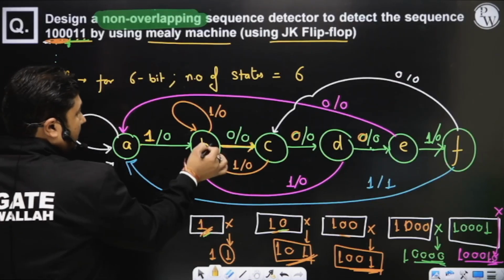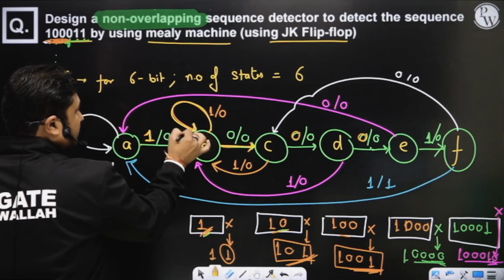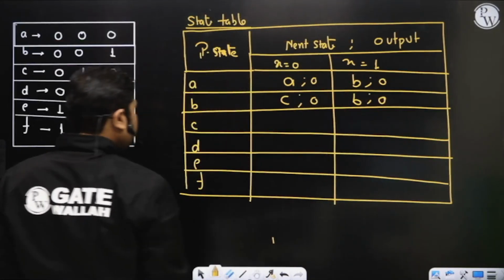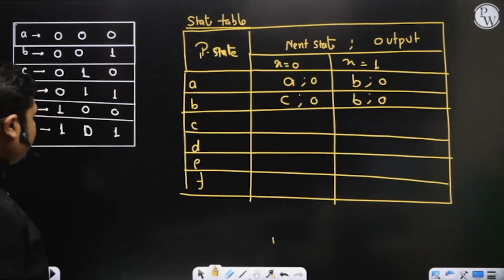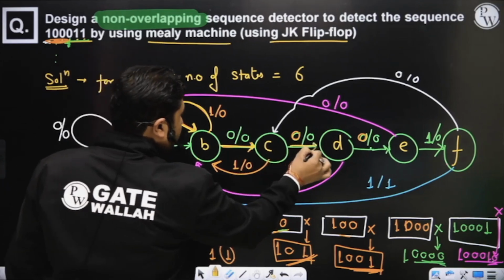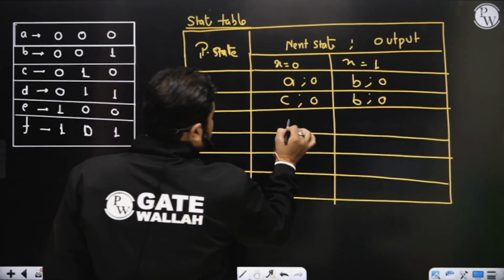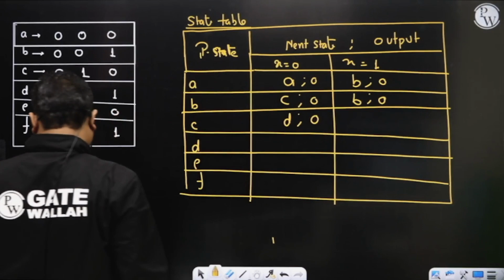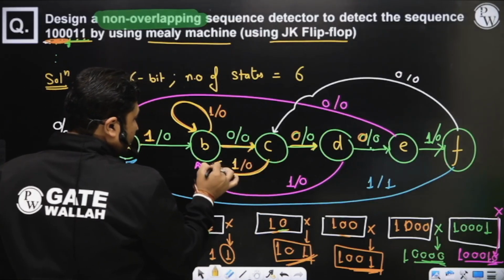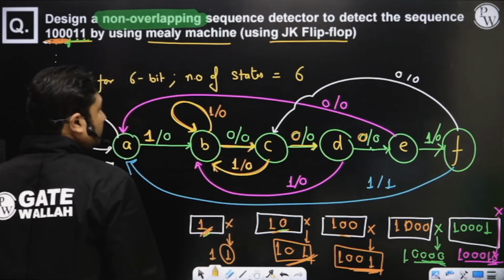Present state B, x equal to 1: next state B, output 0, sir. Very good. Come to the C state. Present state C, x equal to 0: next state D, output 0. Present state C, x equal to 1: next state B, output 0, sir.